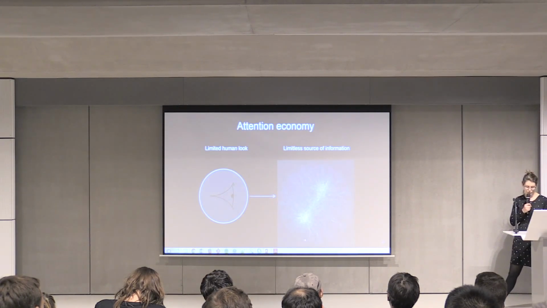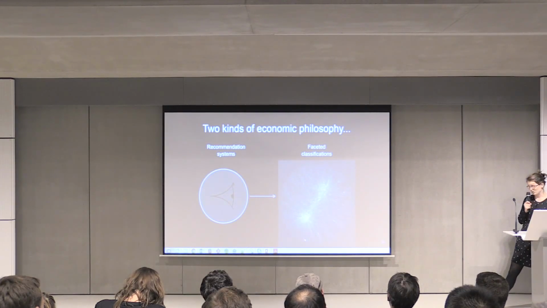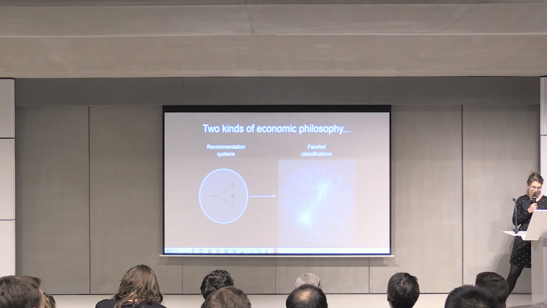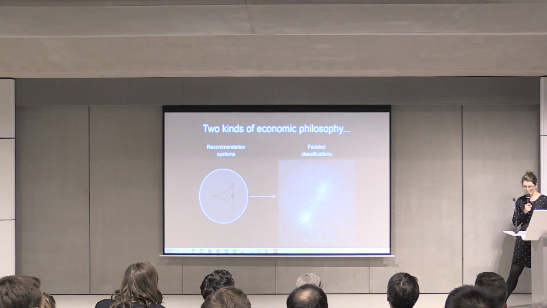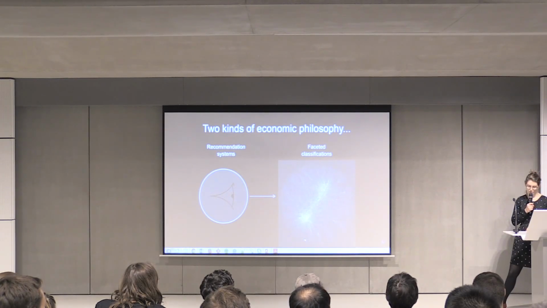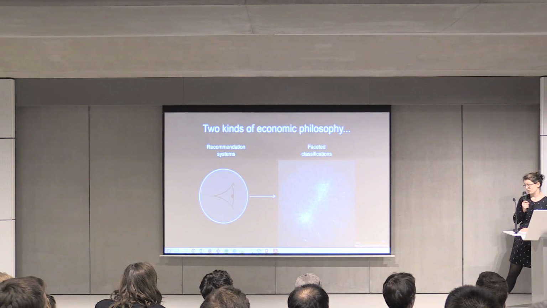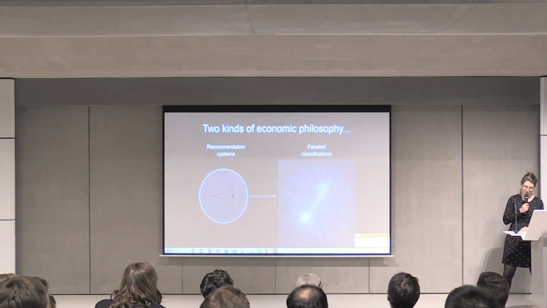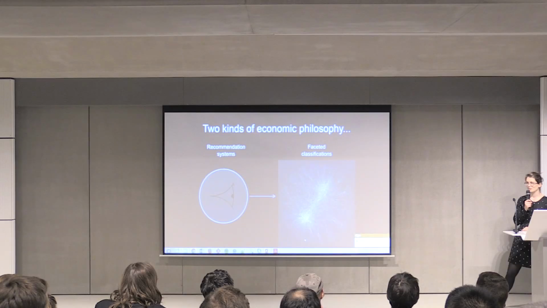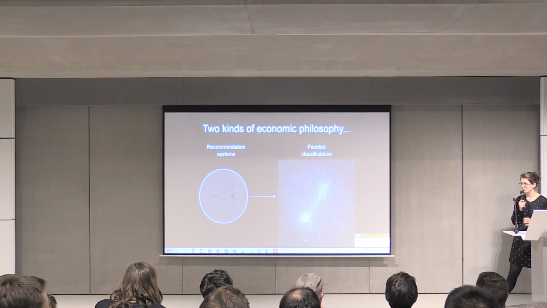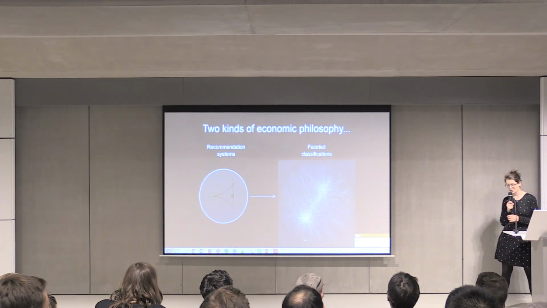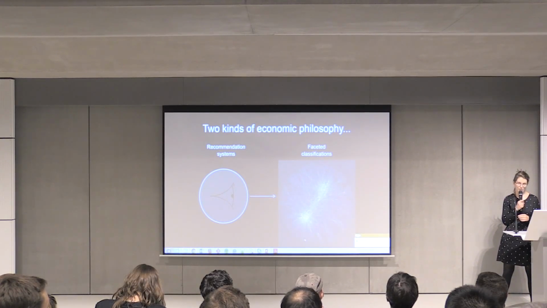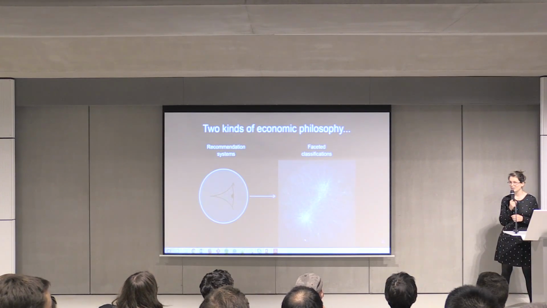So there's two philosophies to manage this problem. One philosophy is rather the recommendation system's rationale, and this is managing this human subjectivity, which is very limited. And one of the philosophies, which is more the library catalog's philosophy, is to manage this big amount of information, and it is doing so with faceted classification.